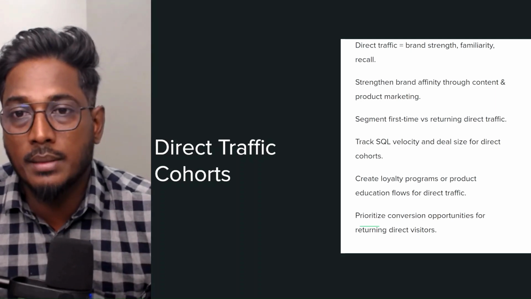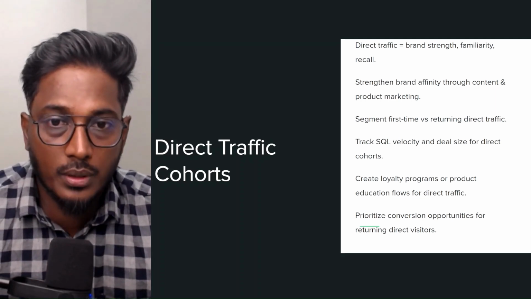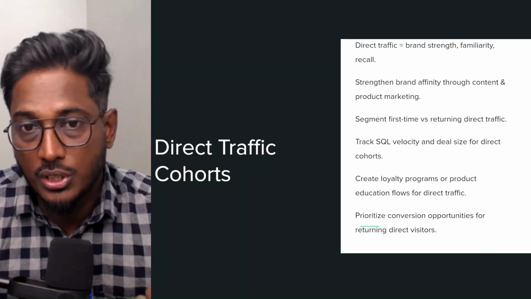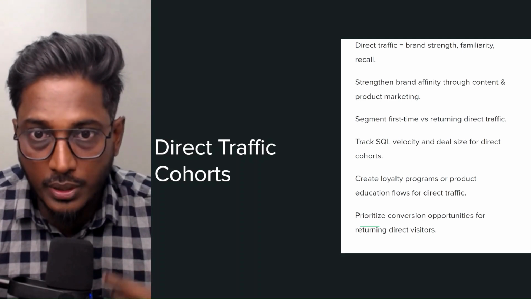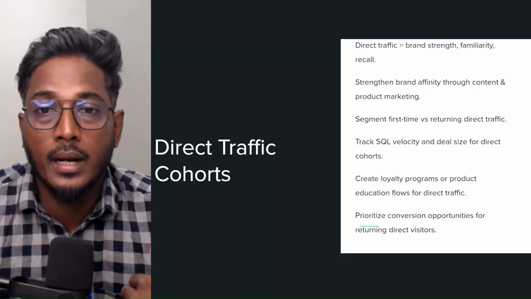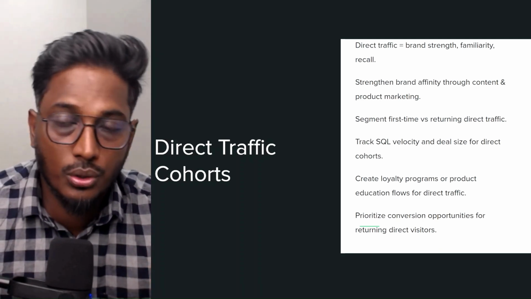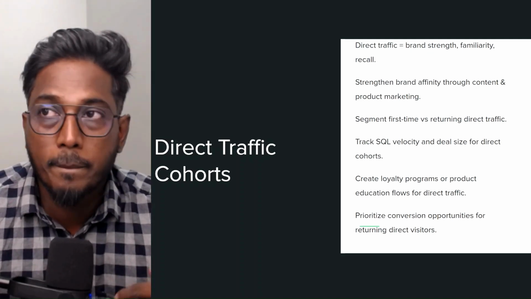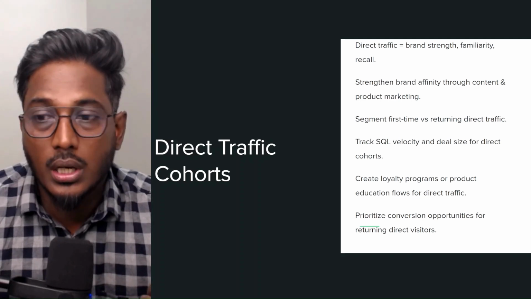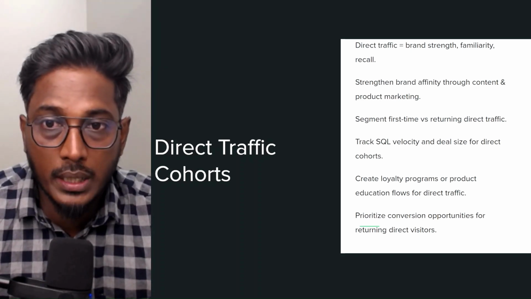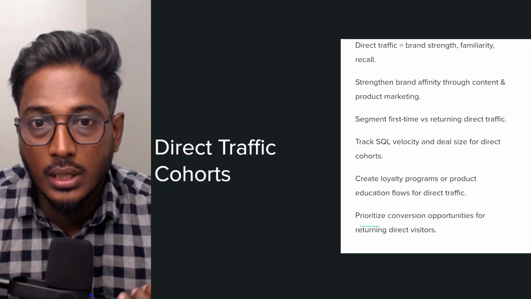So there are some cohorts you can create for email and retargeting, like returning visitors from nurture emails. How many are returning to your website from the nurture emails? Retargeting ad audiences who engaged with your assets in the past, repeat site visitors who viewed your product pages or pricing page, and visitors who consumed multiple content pieces across touchpoints.